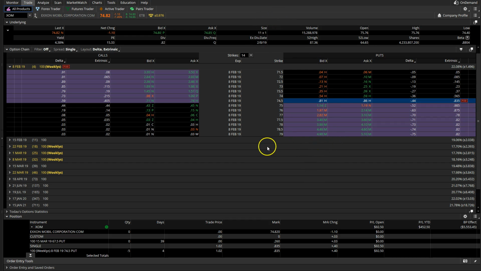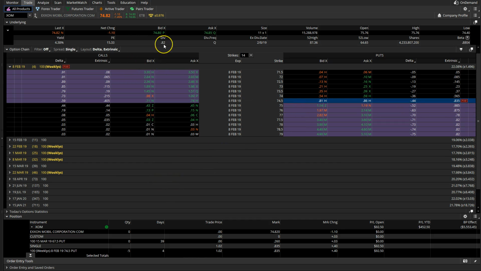Anyway, the important thing that I wanted to show you is that this is a way that you can buy stocks at a discount, and once I get assigned, then I can continue and sell some calls to keep reducing my basis. So I'm getting 82 cents as a dividend.